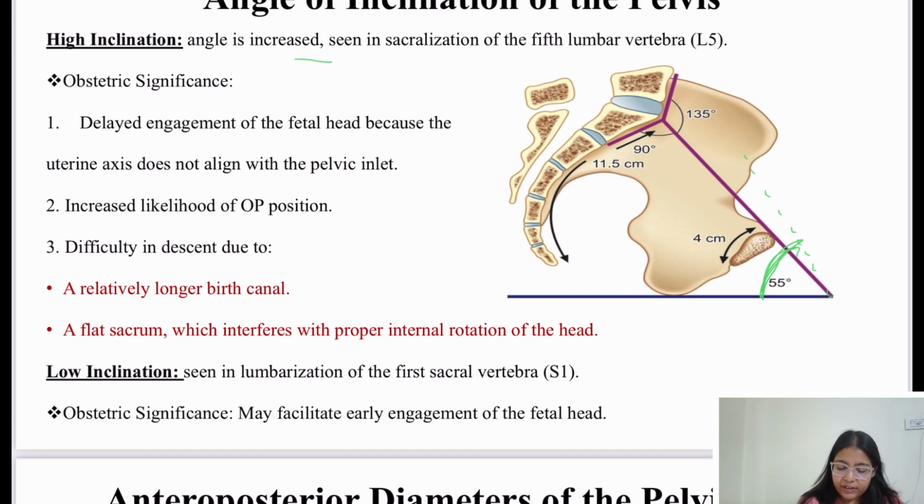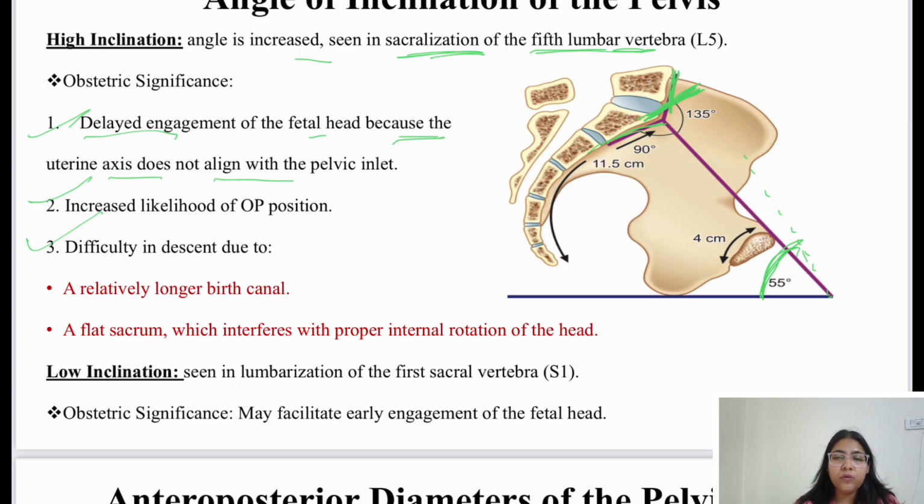If the angle is increased, which is commonly seen in sacralization of the fifth lumbar vertebra, the lumbar vertebra is more vertical and the sacrum is more oblique. So the angle of inclination will increase, and it will result in delayed engagement of the fetal skull, the fetal head, because the uterine axis does not align with the pelvic inlet.